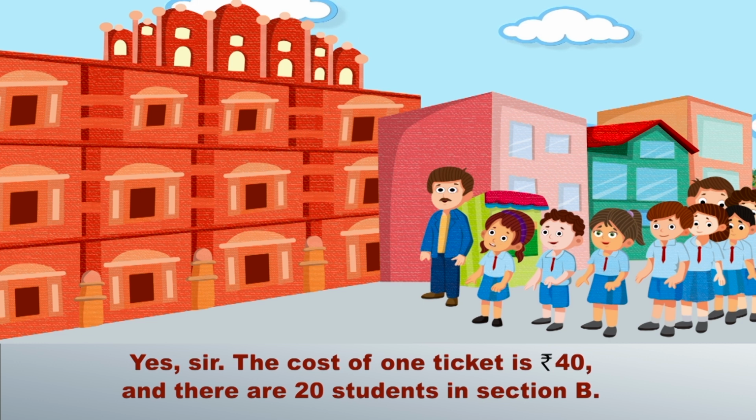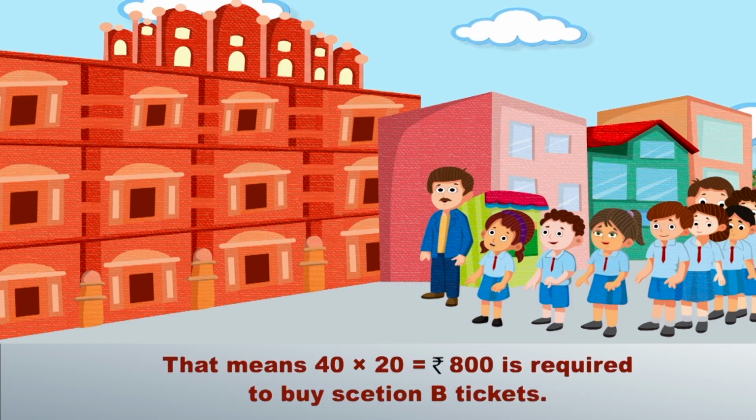Yes, sir. The cost of one ticket is rupees 40, and there are 20 students in section B. That means 40 multiplied by 20 equal rupees 800 is required to buy section B tickets.